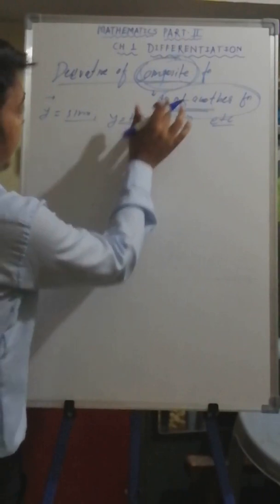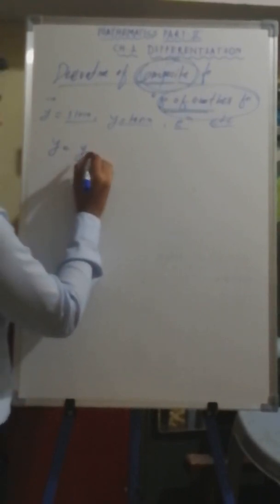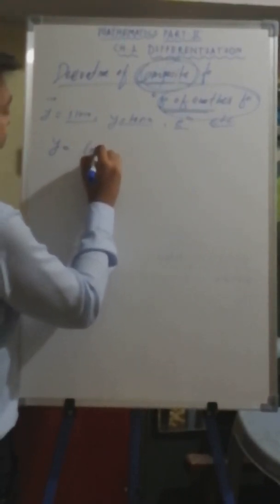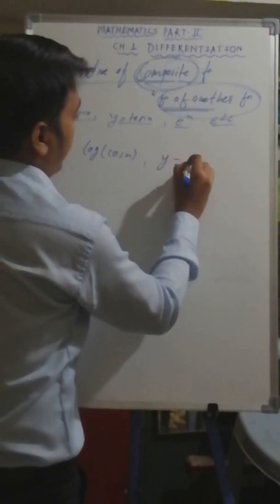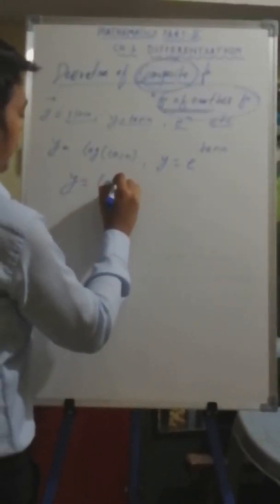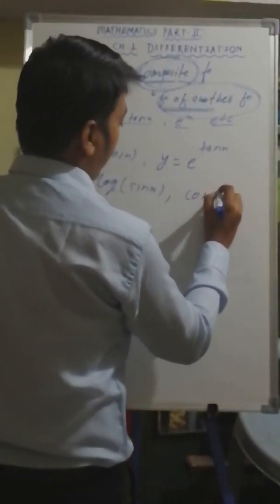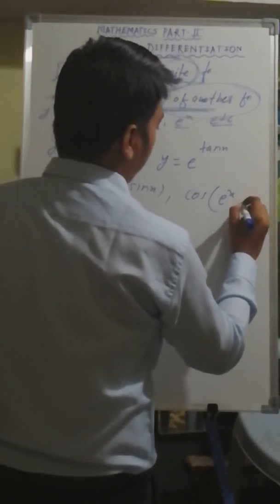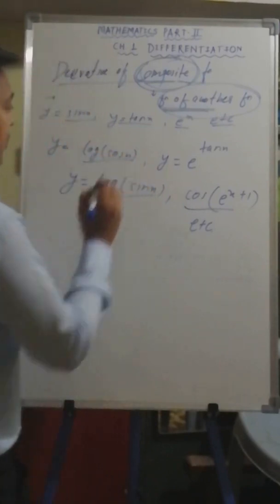So we can write our composite, that is a function of another function, in this way: y equal to log of cos of x, y equal to e to the power tan x, y equal to log of sin of x, or cos of e to the power x plus 1, etc. This means function of a function.